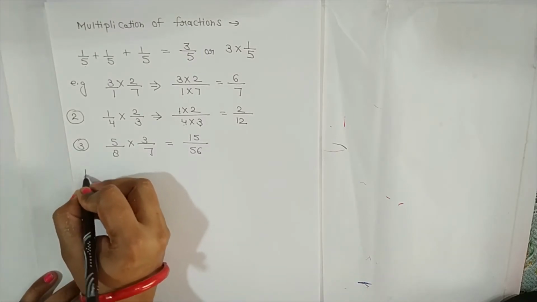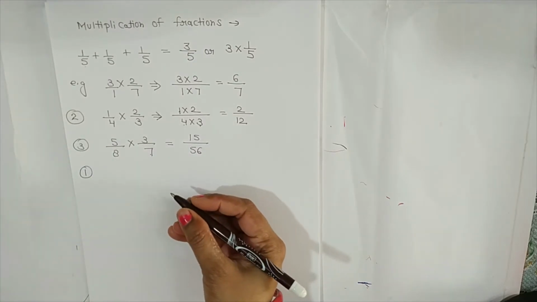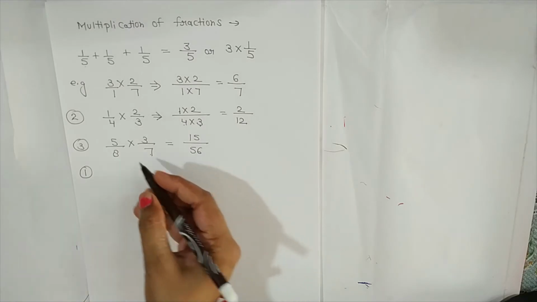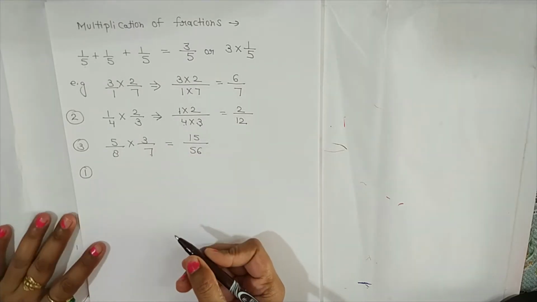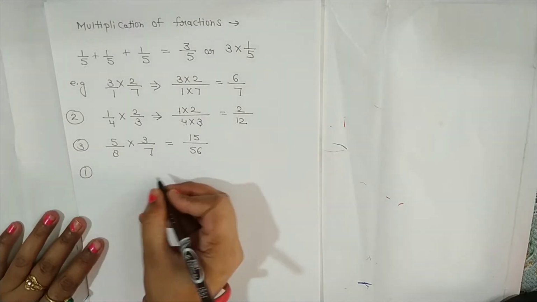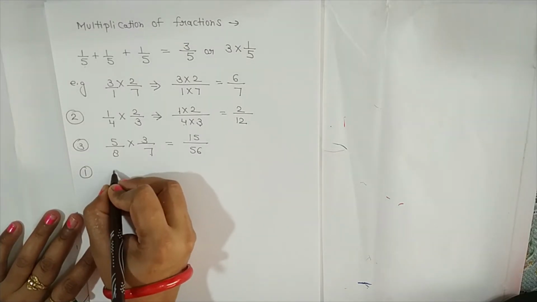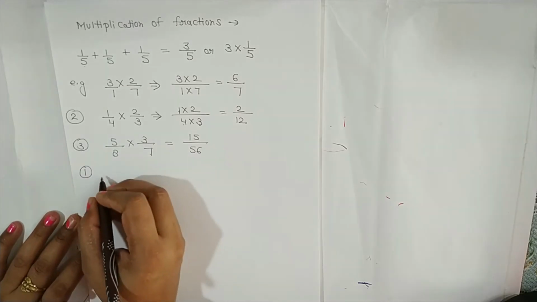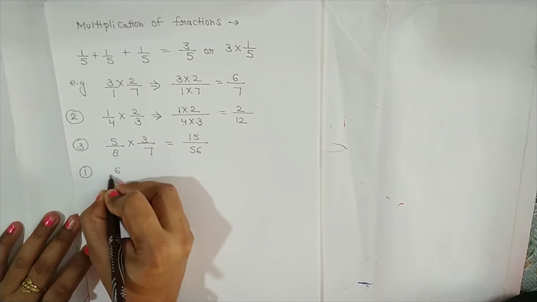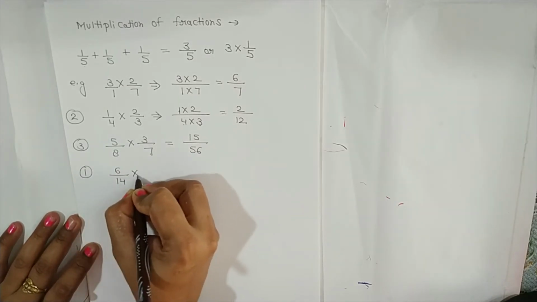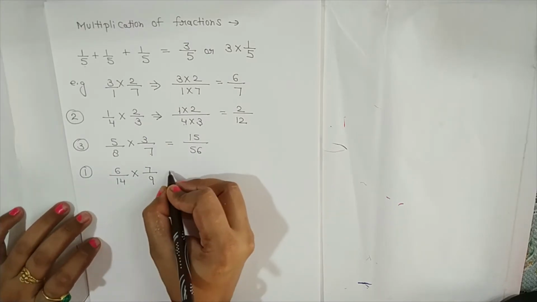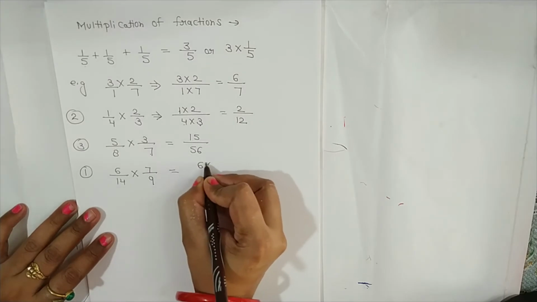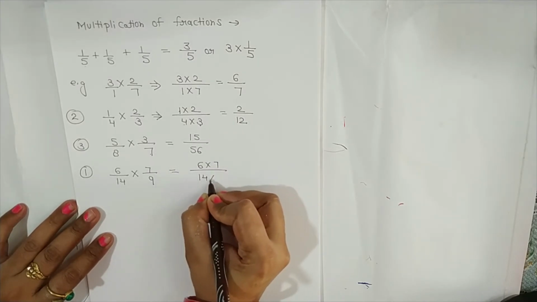Now we have to remember some points about multiplication of fractions. The first point is, it is not necessary to first multiply the fractions and then simplify. We may simplify first, then multiply. I am taking an example to explain it. Suppose 6 upon 14 into 7 upon 9 is given. We write 6 into 7, 14 into 9.